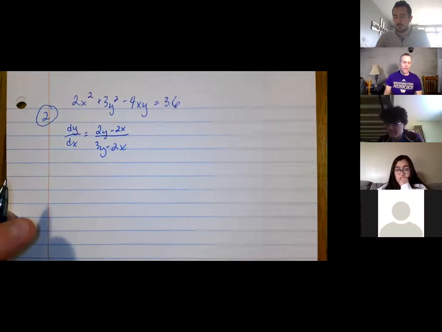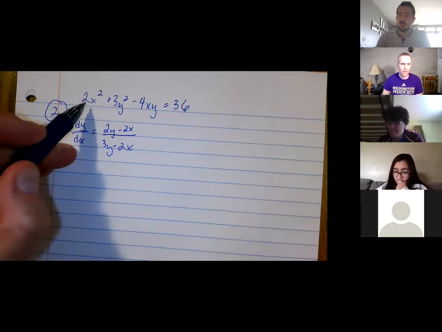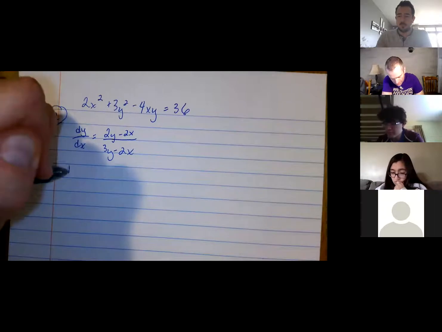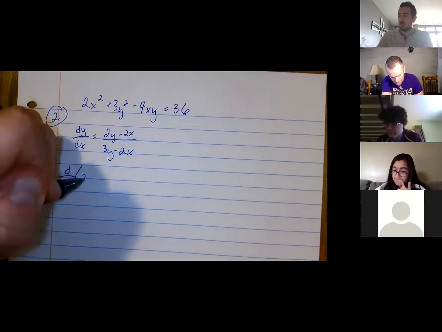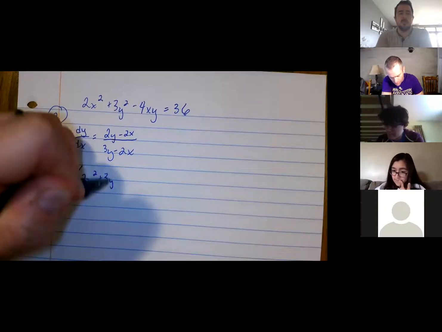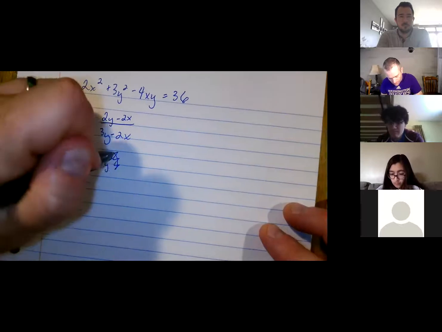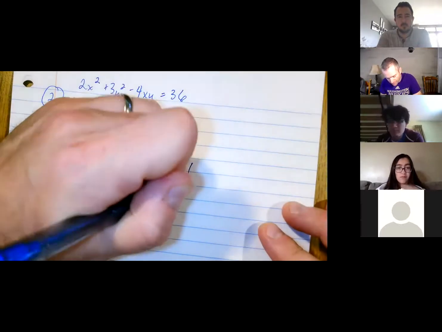The way to approach this is to take the original equation. This is a section 3.5 question, and we're going to take the derivative with respect to x of both sides. So d/dx of 2x squared plus 3y squared minus 4xy equals d/dx of 36.